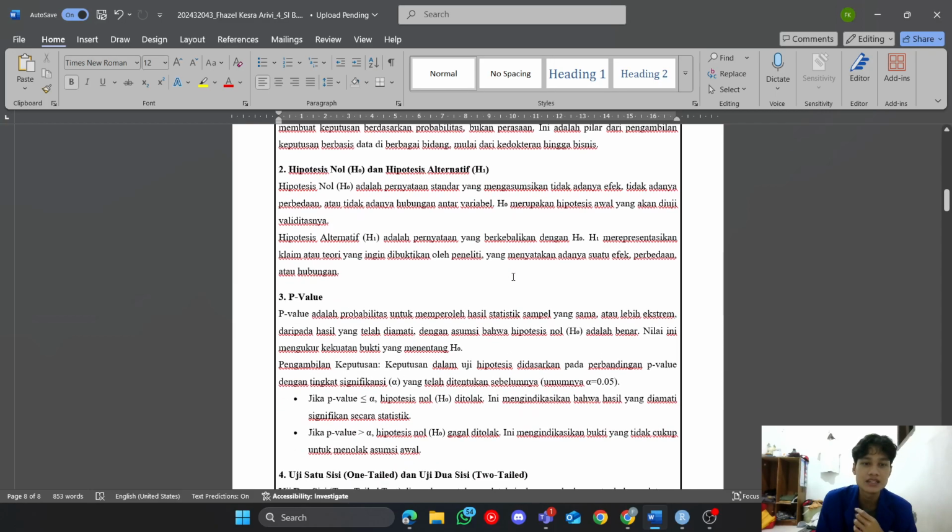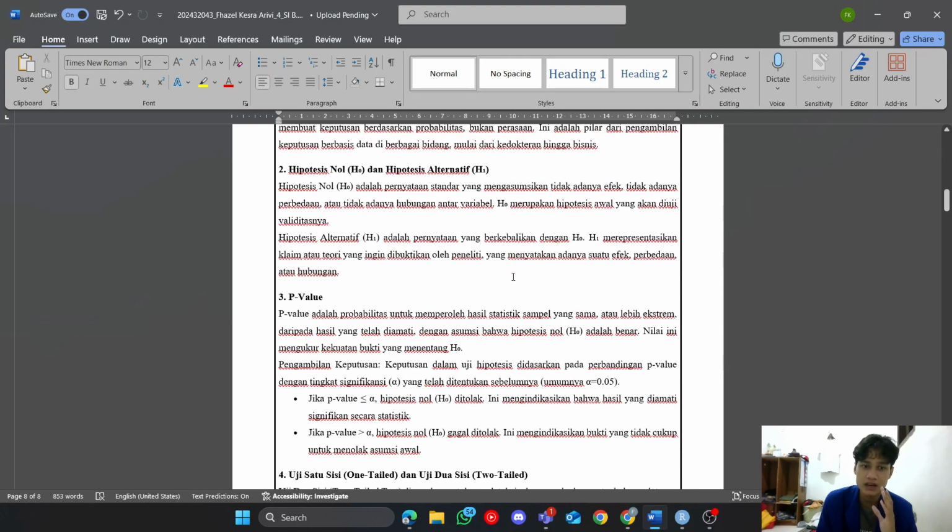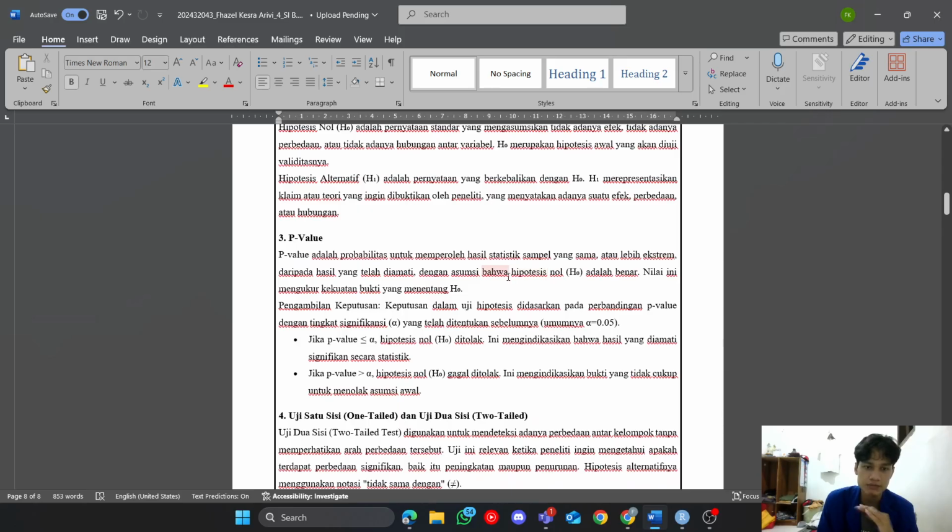And of course, there's the alternative hypothesis, which is the contradiction of H null, H zero. So H1 represents the theory that the researcher wants to prove. And next is the p-value.